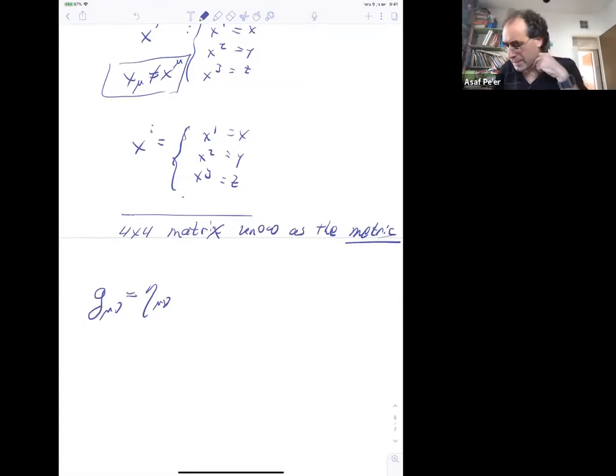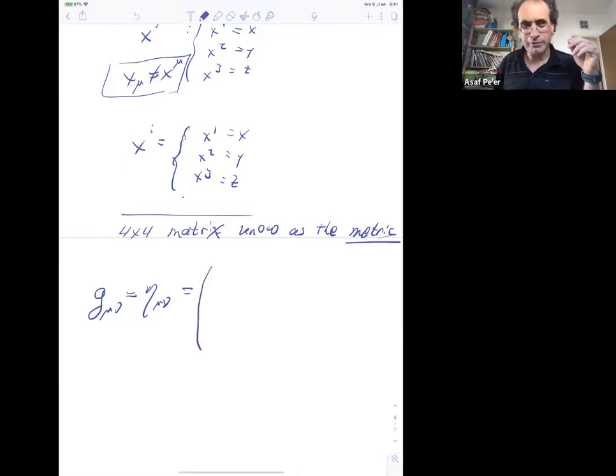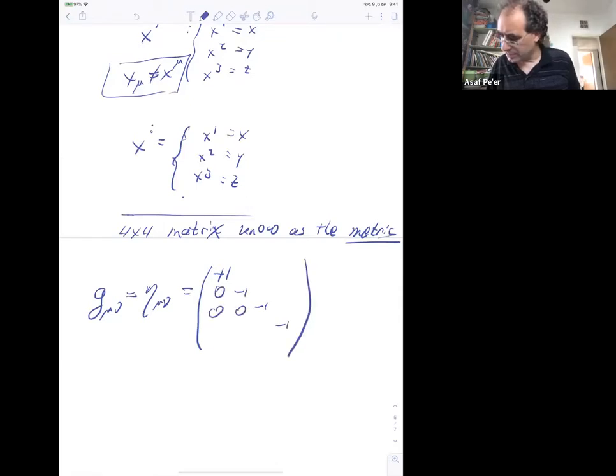I'm used to eta to describe this matrix, so I might just switch. For our purpose, it's the same because we're dealing with simple spaces. They're not curved or anything. So it's eta mu nu or G mu nu. And, I told you, it's a very simple matrix. It's a 4x4 matrix. Mostly zeros, except for the diagonal. The diagonal has a +1, and then -1, -1, -1. And then everything else is 0.